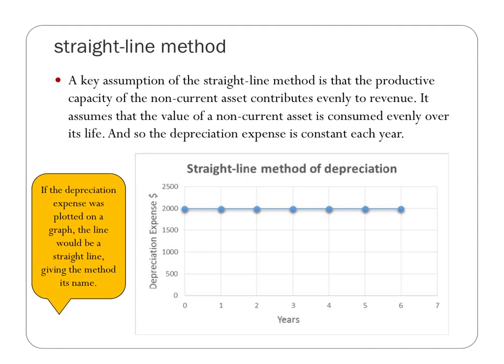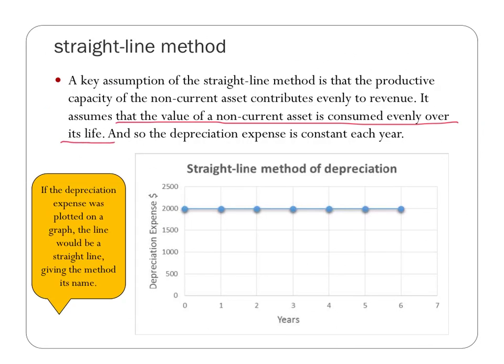Now, a key assumption of the straight line method is that the productive capacity of the non-current asset contributes evenly to revenue. What that means is that it assumes that the value of the non-current asset is consumed evenly over its life. In other words, the depreciation expense for the non-current asset is going to be constant across time.